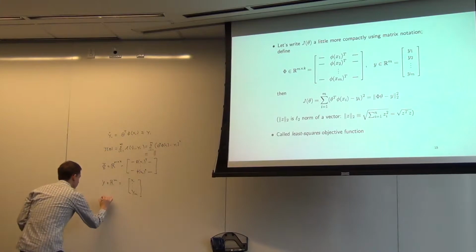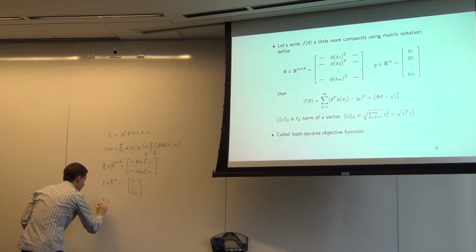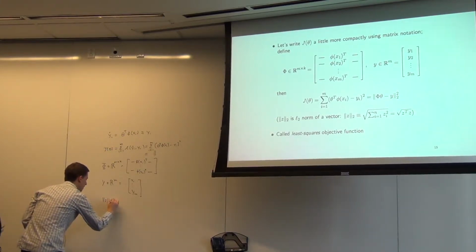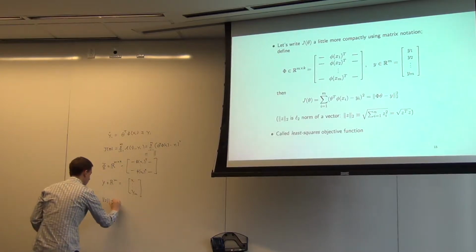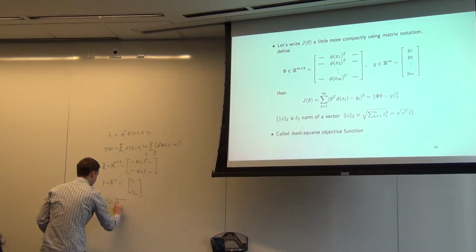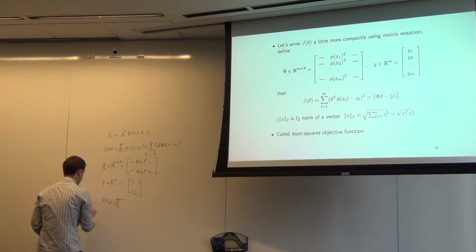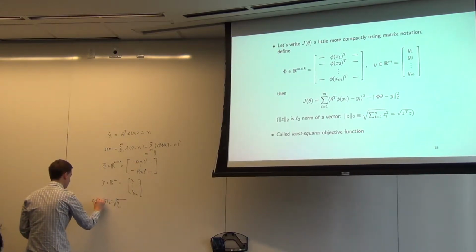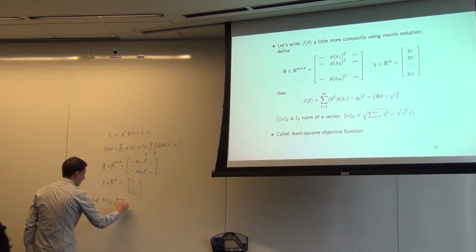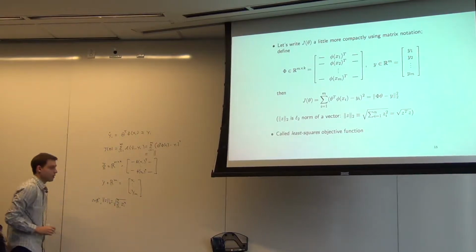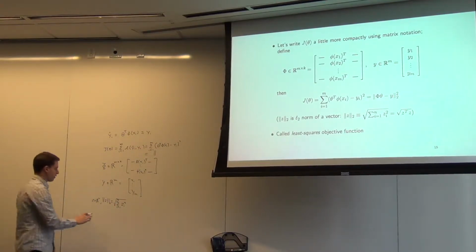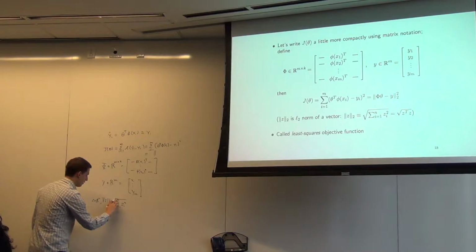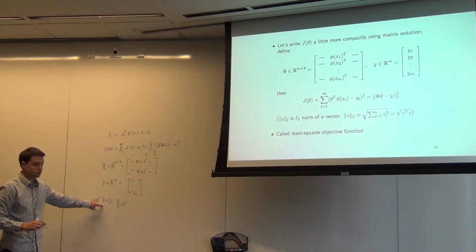An L2 norm is just defined like this. The L2 norm of a vector z is equal to the square root of the sum from i equals 1 to n of zi squared, where z is in Rn, we'll say. And so the actual squared L2 norm is just the sum of the elements squared. So this notation here just means we take each element.